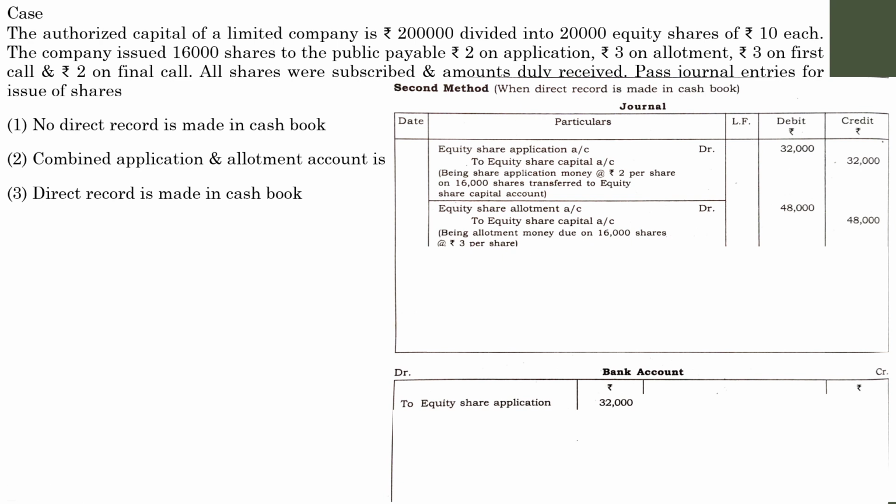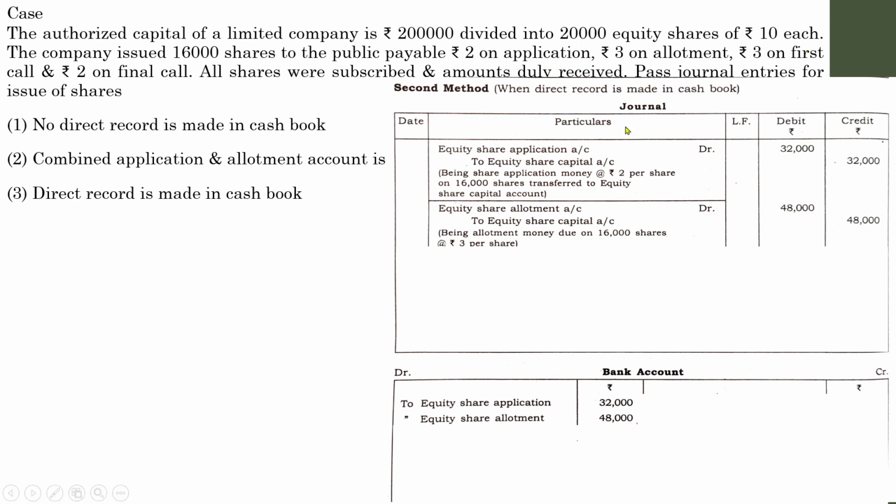So the next entry is the payment with regard to allotment. The entry will be bank account to equity share allotment. So it will be written like this: to equity share allotment 48,000. So we have completed application and allotment details.